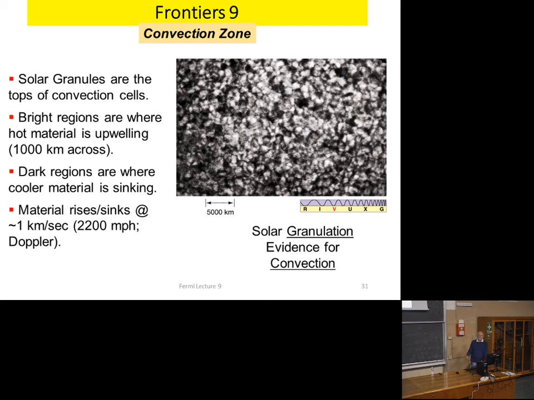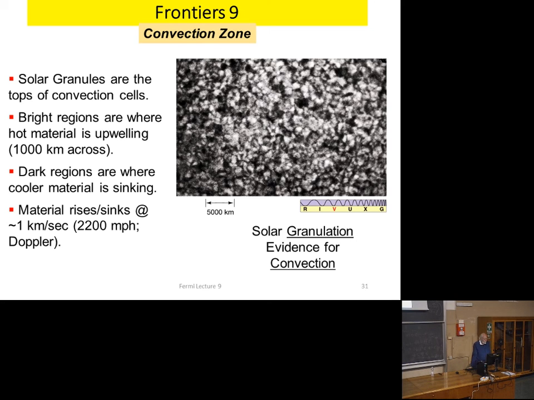The surface of the sun itself, when you look at it in any detail, is very granular. It has dark spots. It has all kinds of features, and those features are what's used both to study the sun and its features itself, and to infer what happens inside the sun. So these granules are basically the tops of what are called convection cells.